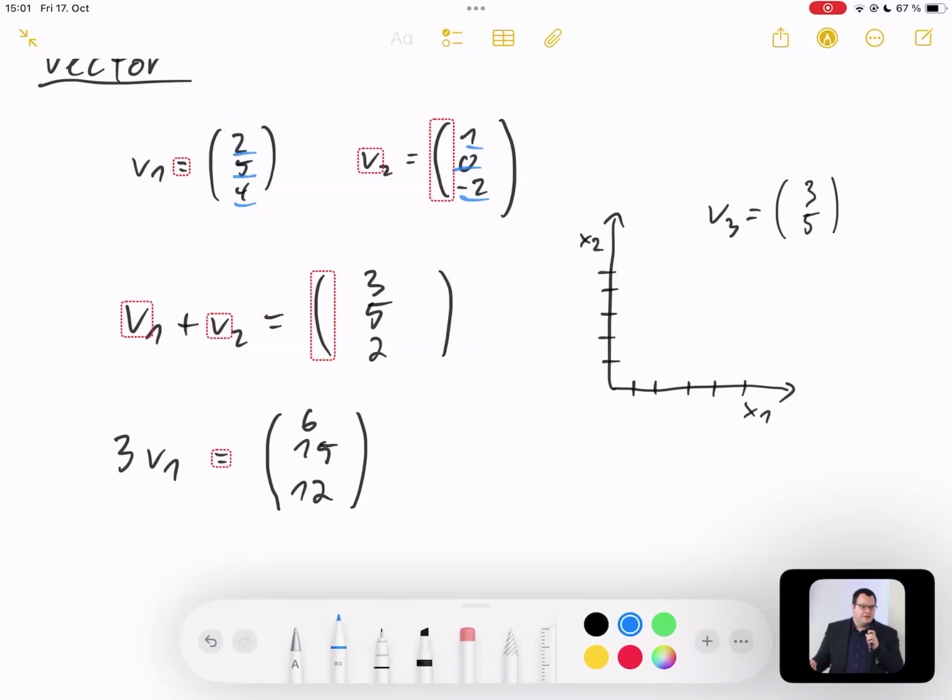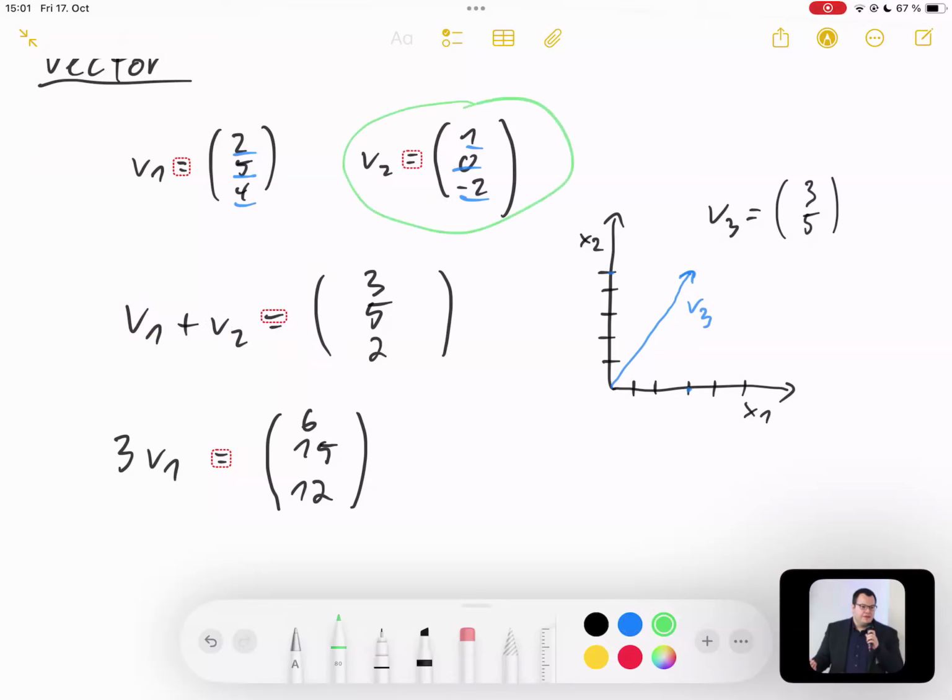So 3 and 5. So this would be our vector v3. And you still remember how to calculate its length, because we've just seen this before when we looked at complex numbers. And obviously, this concept can be applied to vectors with more entries.